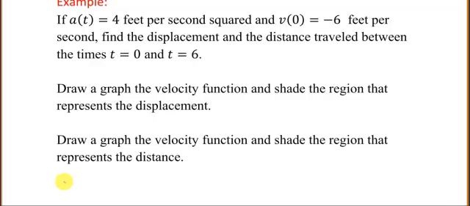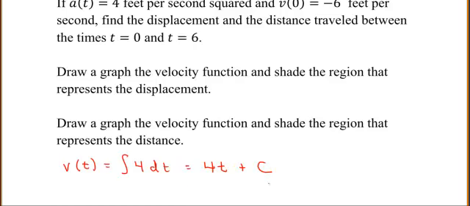So v is going to be the antiderivative of a, or the antiderivative of 4, which is equal to 4t plus c. And we know that v of 0 is equal to negative 6. And v of 0 is the velocity function with each instance of t replaced by 0.